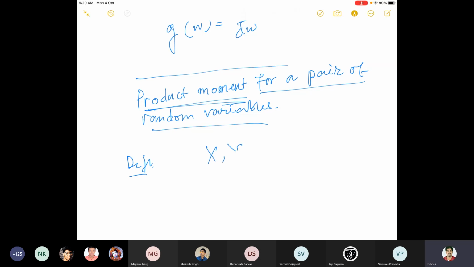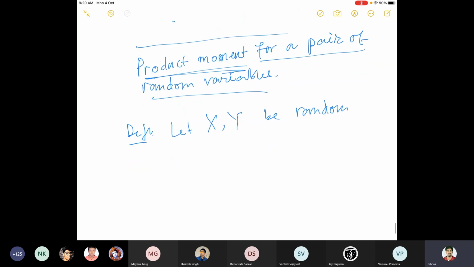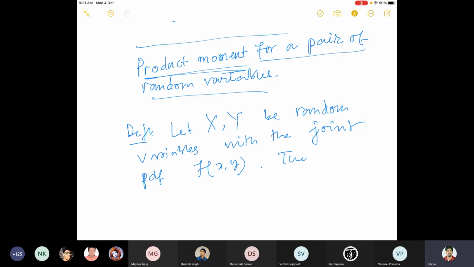Let X and Y be random variables. They could be either discrete or continuous, with joint PDF, let's say f(x, y).